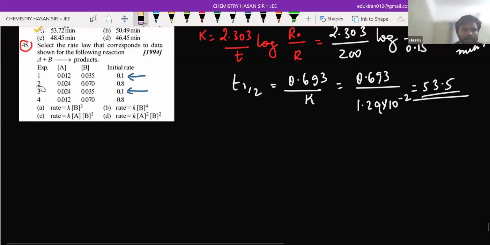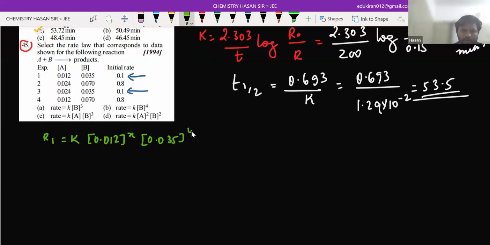For the first one, the rate R1 will be equal to K into 0.012 raised to the power x. We don't know the value of x. And 0.035 raised to the power y. And R3 I'm going to take, you can see K will be constant, and this is 0.024 raised to the power x into 0.035 raised to the power y.